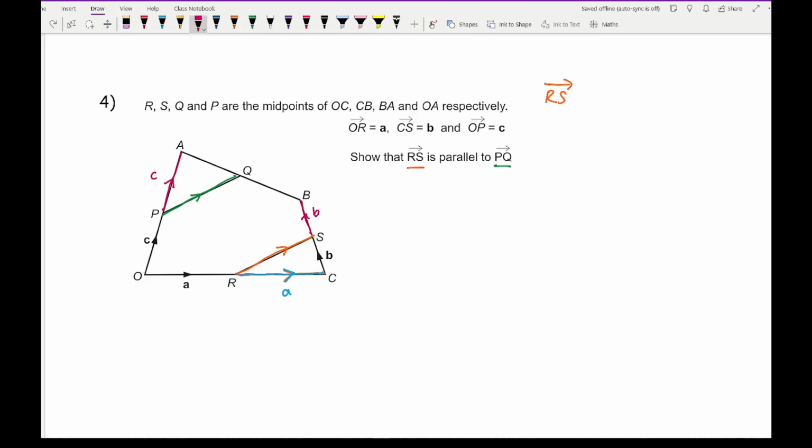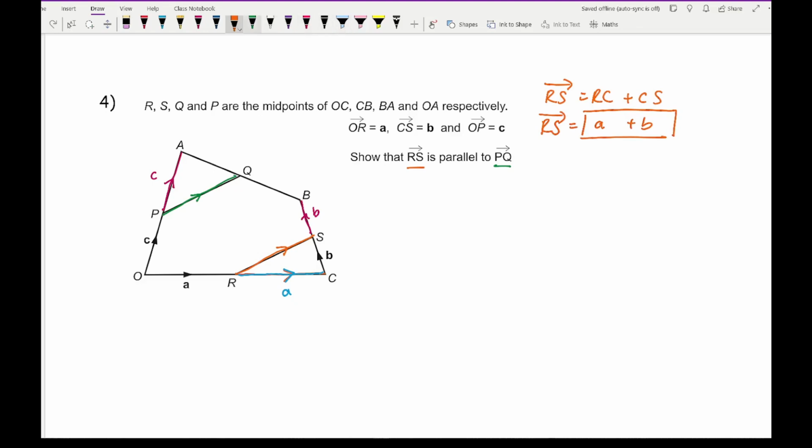So R to S is going from R to C and then C to S. R to C is going with the arrow, which is A, and C to S is going with the arrow, so that's B. So there is my RS.